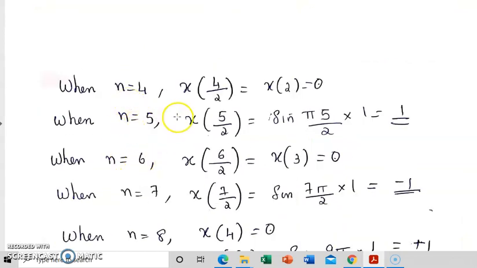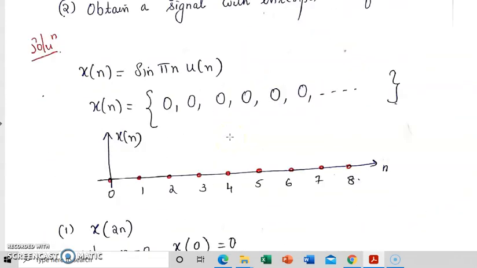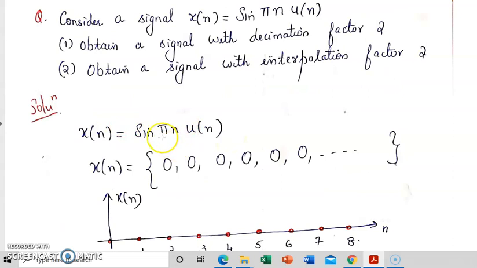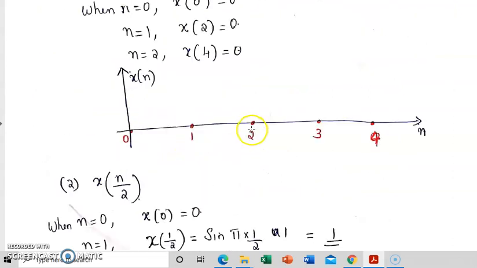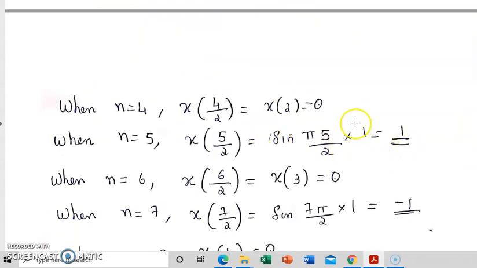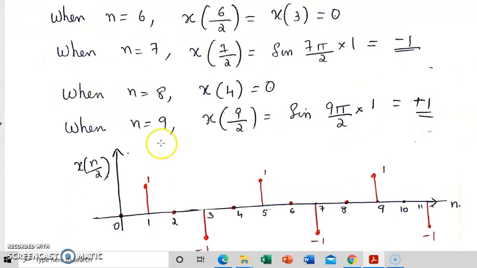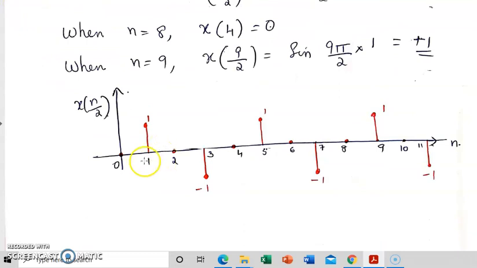Next, when n is equal to 5, the interpolated signal is x of 5 by 2. Substituting n equal to 5 by 2, we get sine pi 5 by 2 u of n, and u of n is 1, so this will be equal to 1, and so on. So this is the sequence, the upsampled sequence.